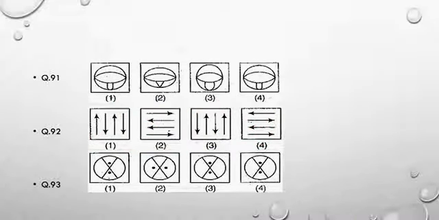Let's go to question number 93. We find that there are 4 options given, and in each of the options there is a circle which has been divided into four equal parts with the help of two lines intersecting each other, and there are two dots in two of the parts.